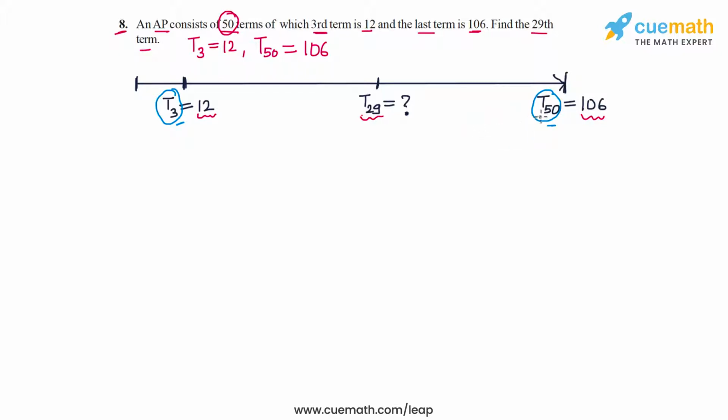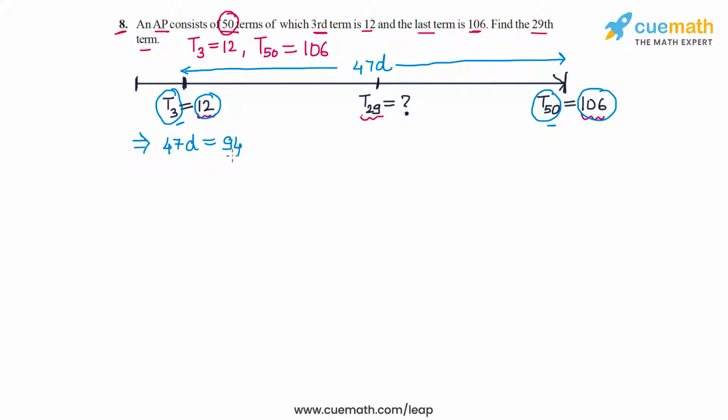Well, because 50 minus 3 is equal to 47, it will take us 47 jumps of D, or 47D, to go from the third term to the 50th term, and the change in the two terms is from 12 to 106, and that is a difference of 94. So this means that 47D must be equal to 94, and this immediately gives us D. D is equal to 94 by 47, or 2.